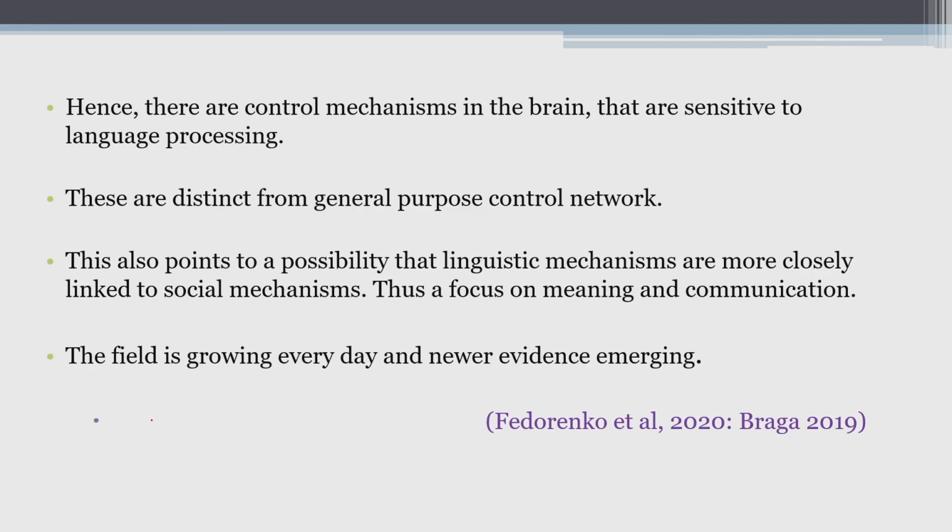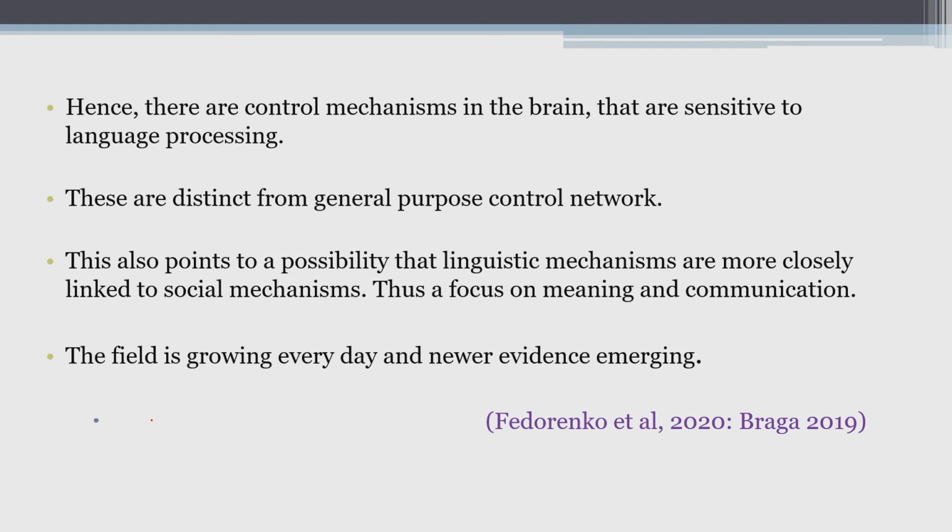So, there are control mechanisms in the brain that are sensitive to language processing, of course there are, but these are different and distinct from the general purpose cognitive control network. This is how it looks at this point of time. This also points to a possibility that linguistic mechanisms are more closely linked to social mechanisms.